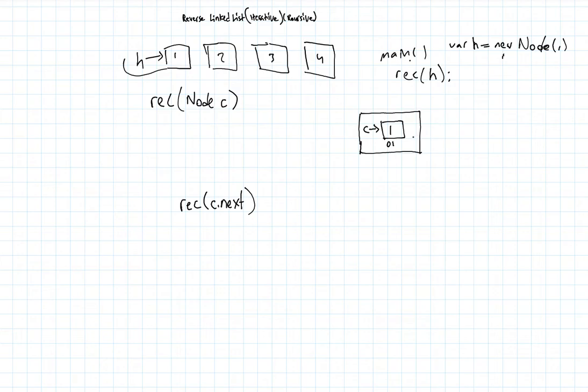I'm giving it next. So here I know that it's gonna go to the next function call, and again we will have its own scope of C with the body 2, right? This is a linked list.